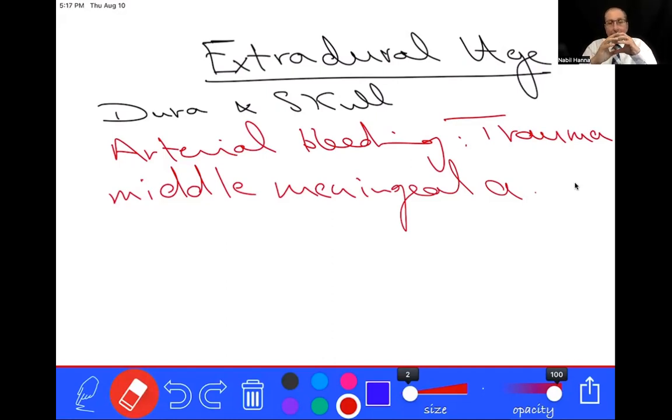So what happens when you get trauma to the skull? Any head trauma will result in concussion. Concussion means the brain is going to shake inside the skull because of the forces of trauma, the acceleration, deceleration forces.